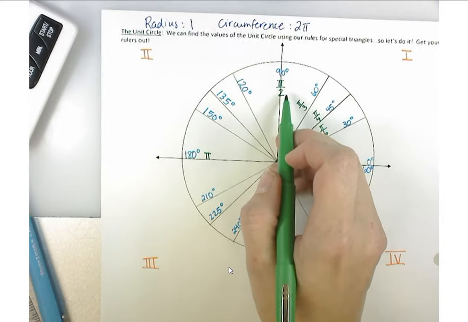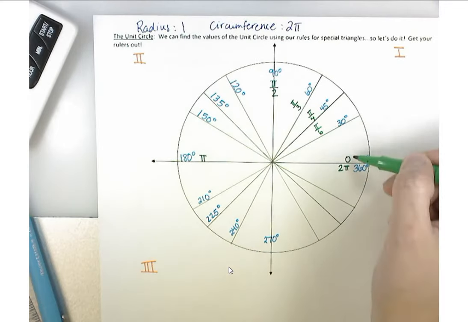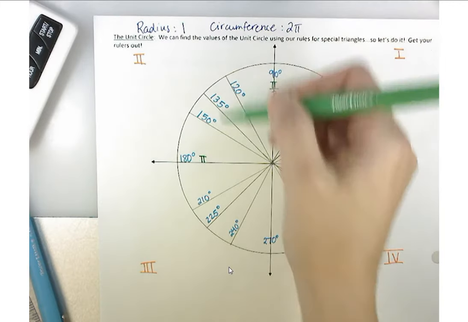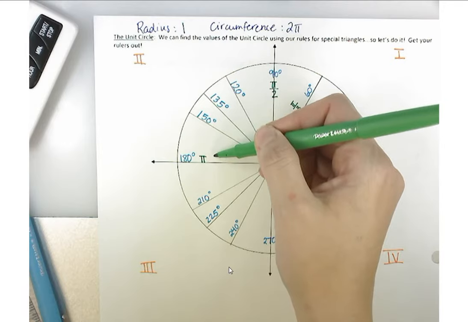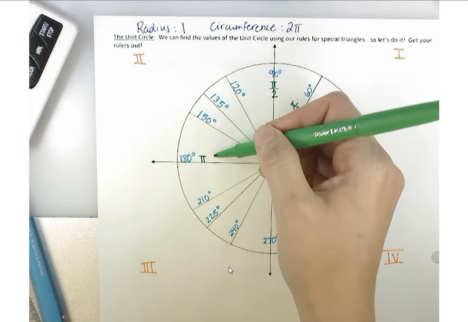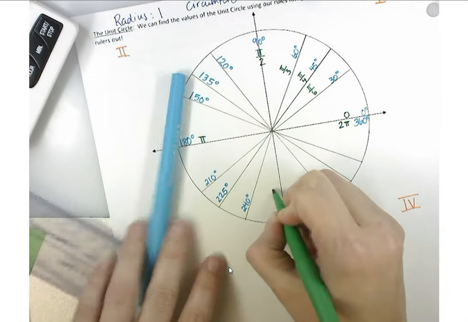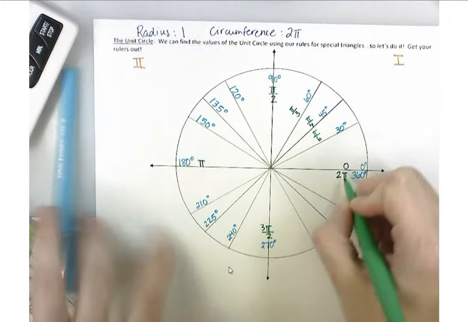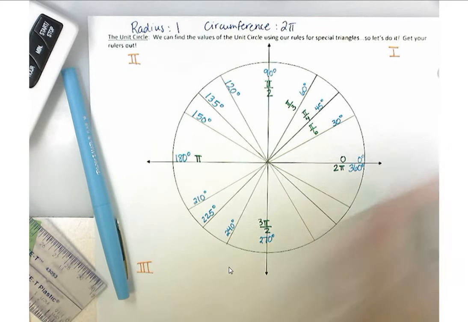So every 90 degrees is where I'm going to count. I start here at 0, and then this would be 1 pi over 2. If I go another 90 degrees, I'd be at 2 pi over 2. What is 2 pi over 2 reduced to? Pi. If I go another 90 degrees, I'd be at 3 pi over 2. And if I go another 90 degrees, I'd be at 4 pi over 2, which reduces to 2 pi.